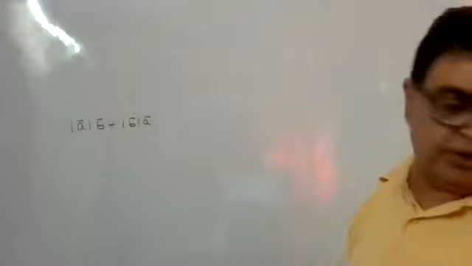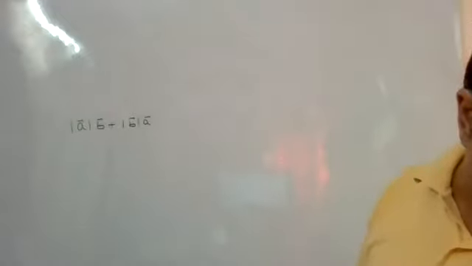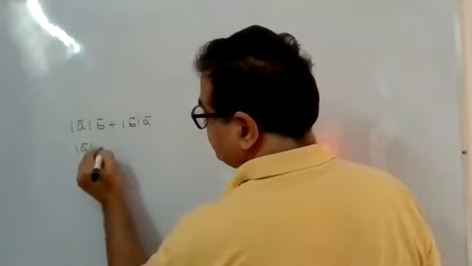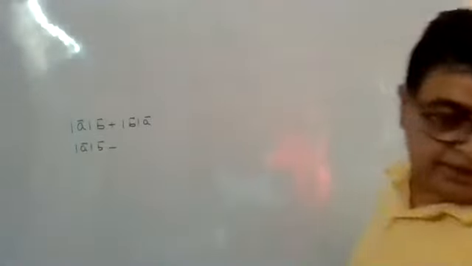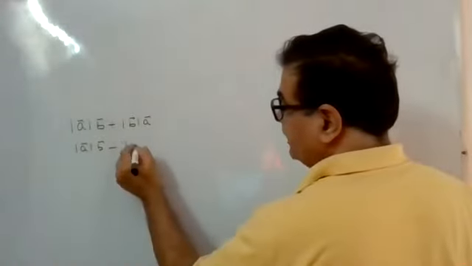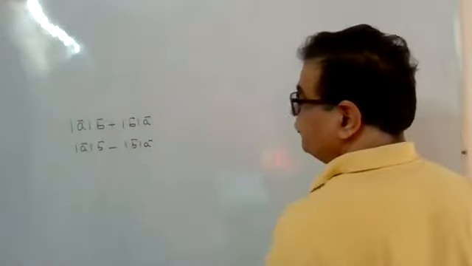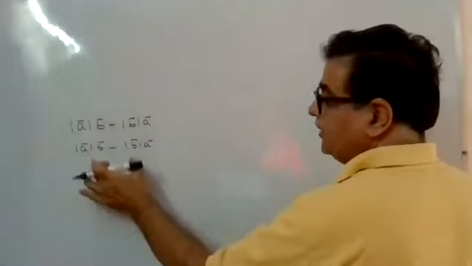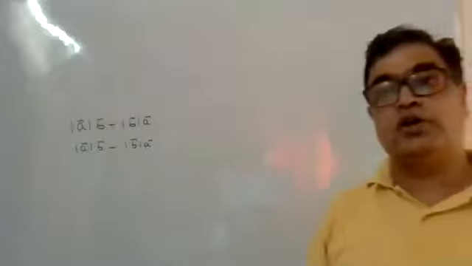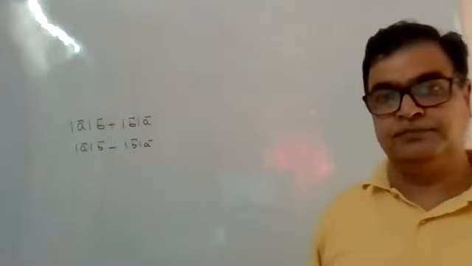Orthogonal means perpendicular. It is orthogonal to the vector magnitude of A times vector B minus magnitude of B times A. We have to show that these two vectors are perpendicular to each other, or orthogonal to each other.